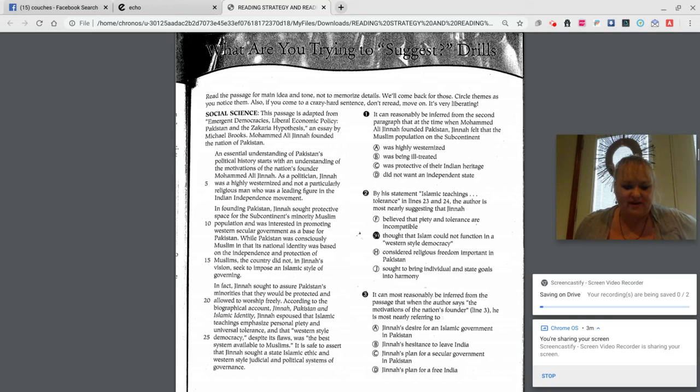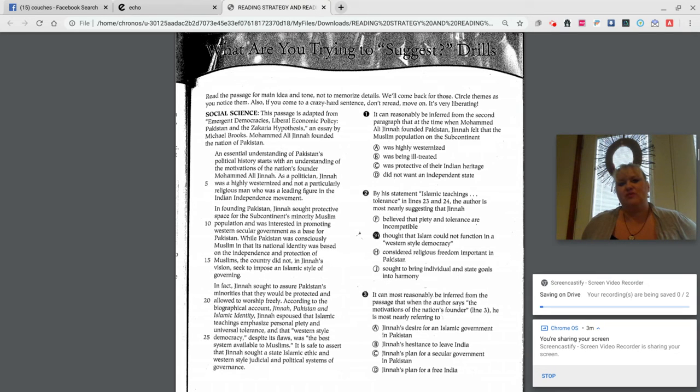Paragraph 3. In fact, Jinnah sought to assure Pakistan's minorities that they would be protected and allowed to worship freely. Skipping to the last sentence, it is safe to assert that Jinnah sought a state Islamic ethic and Western style judicial and political systems of governance.